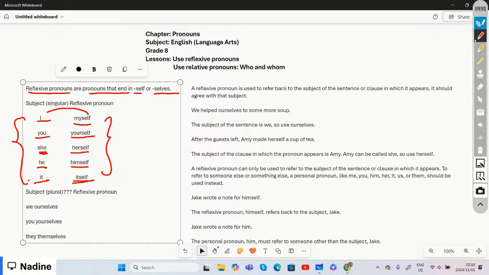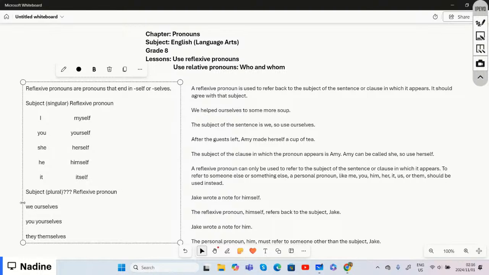we have the plural subjects, right? And for the plural subject, we need to do the same, where the reflexive pronoun that ends in selves needs to refer back to our plural subject.